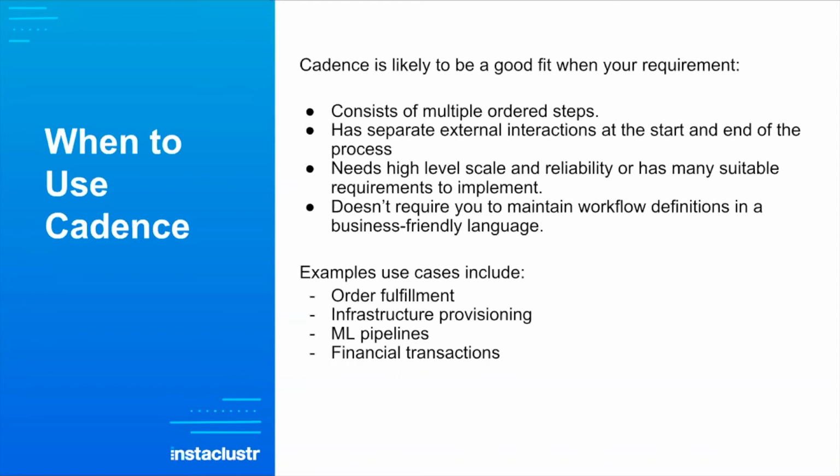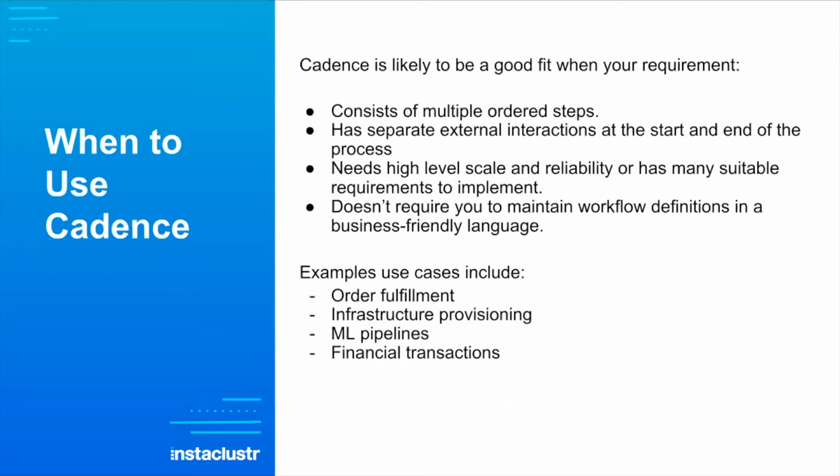Machine learning pipelines, quite widely used for that, where you've got multiple steps and need to train models and revise the models. And I'm not an expert on that, but it is a multi-step process of transforming data and training your models, potentially rerunning them multiple times till you get to the accuracy that you want. And financial transactions. So it is highly reliable. It has a compensating transaction framework.